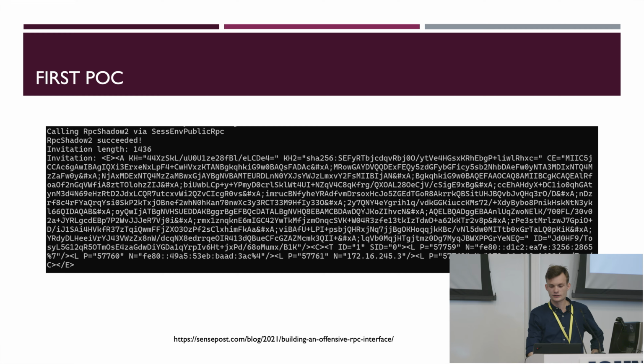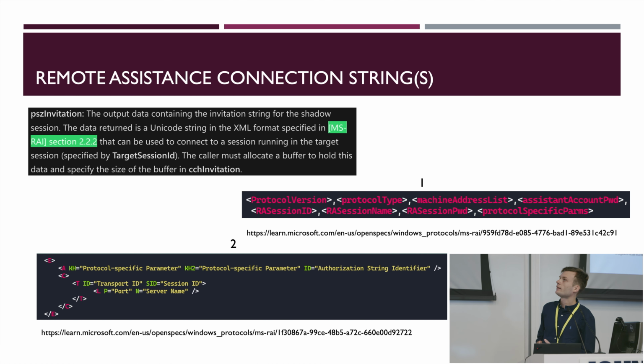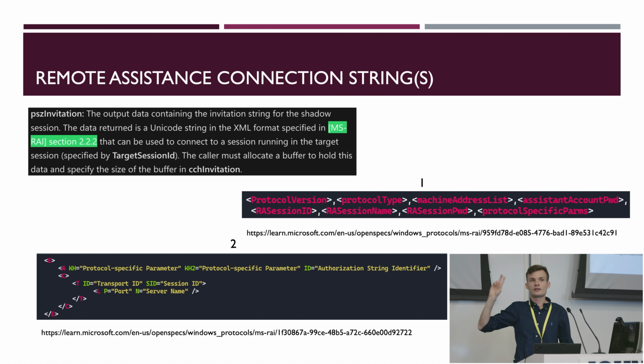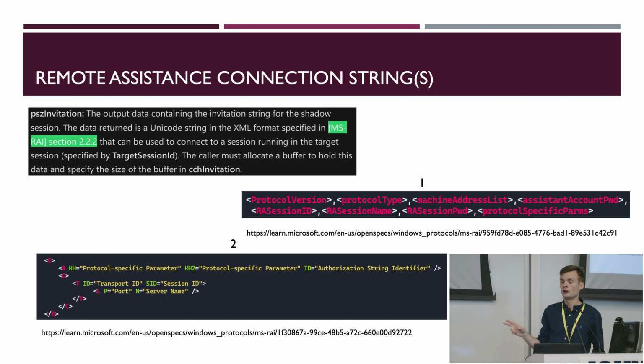So I went back to the documentation and saw that there is a reference to some protocol called MS-RA. And it actually defines two types of those strings, type 1 and type 2, called the remote assistance connection string. And there are two types of those, for older versions or newer versions.